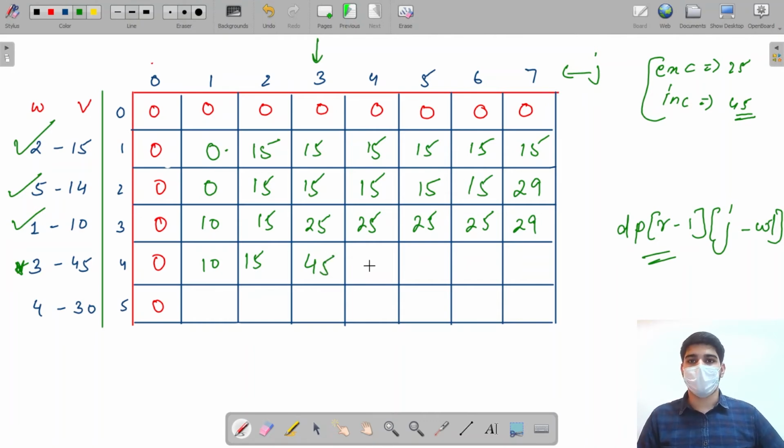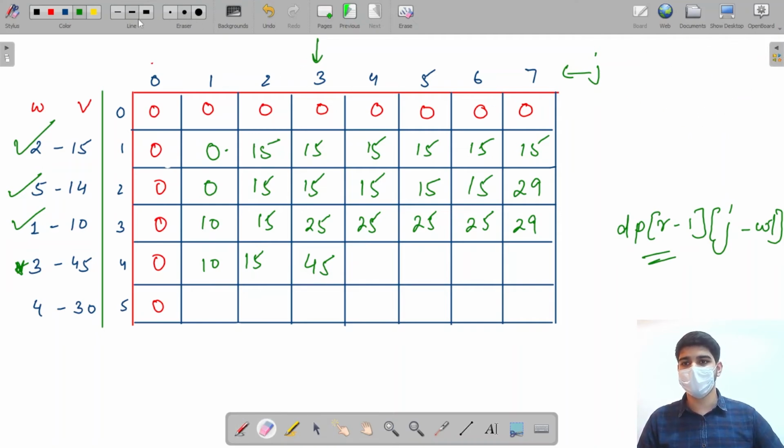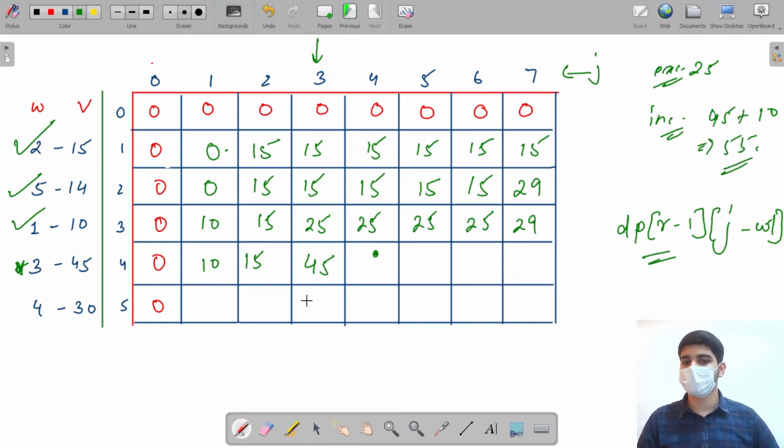Now at this point, if we see, if I exclude myself, I would get 25 as value, right? At this point. And if I include myself, I would get 45 plus 10, which is 55, right?